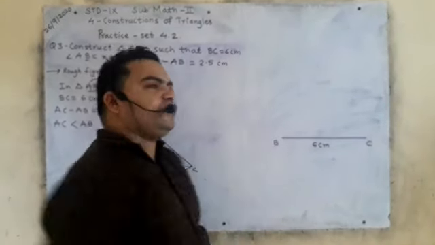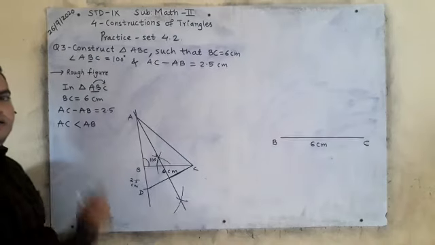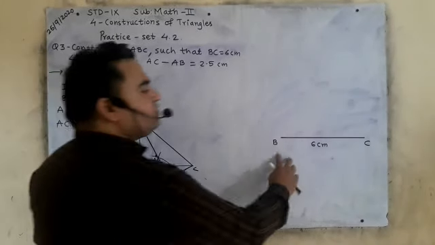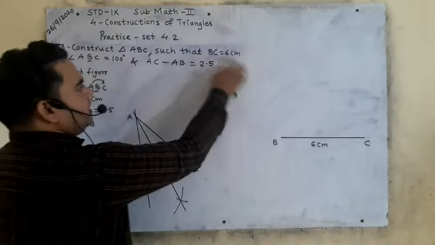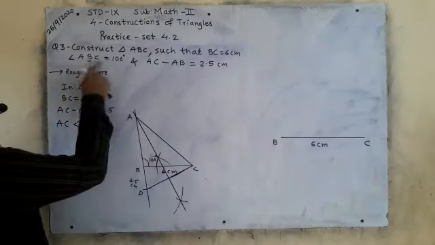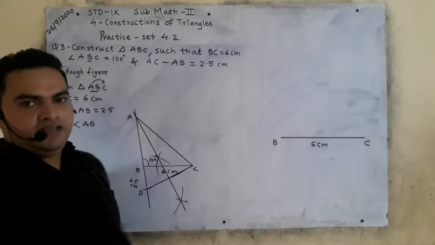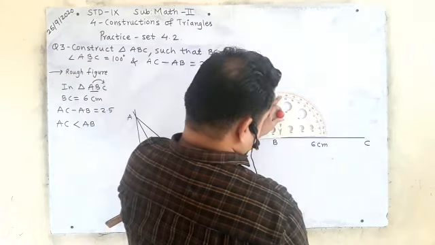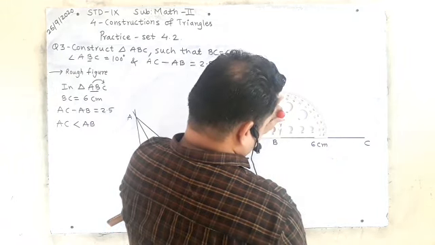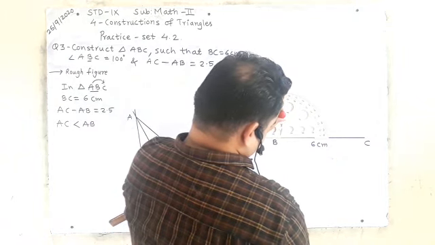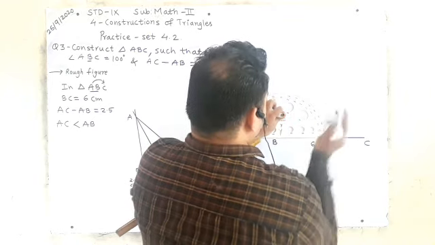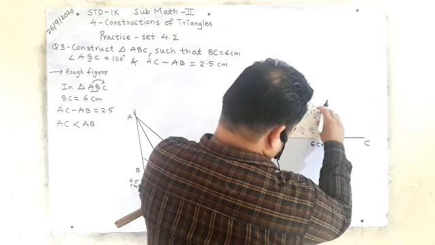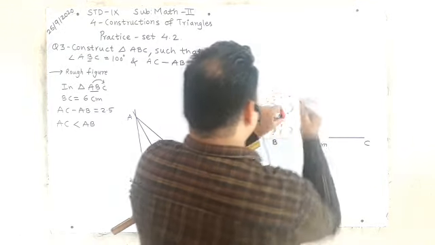Students, look here, I will draw a fair figure of question number 3. What do we have to take first? We will take BC as the base, then angle ABC. Angle B is 100 degrees, so I will take angle B as 100 degrees.